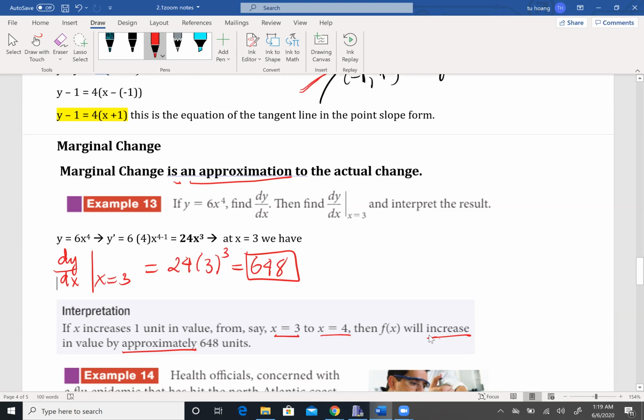Maybe some of you are going to do f(4) minus f(3) to get the increase perfectly accurately, but we are trying to figure out a way to find the approximate number. So in this case the answer is 648 units.